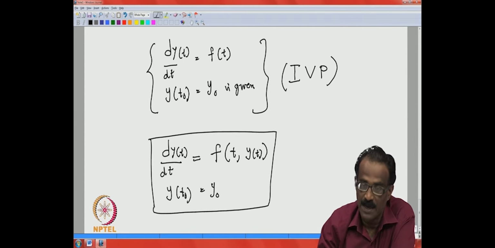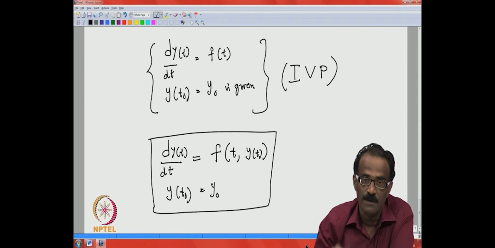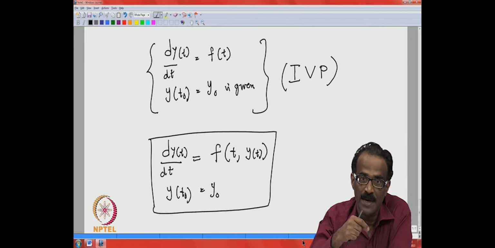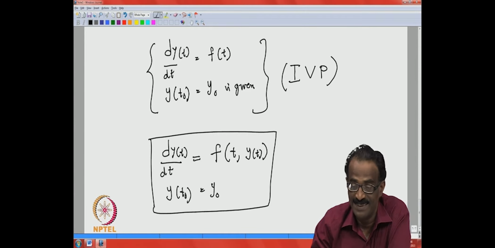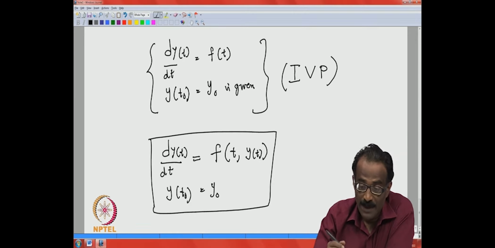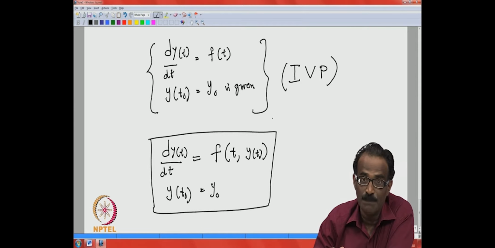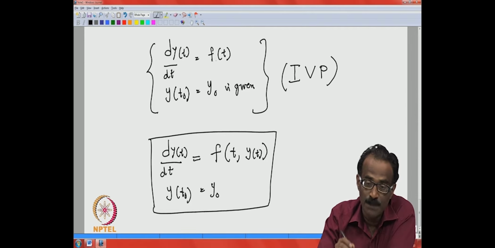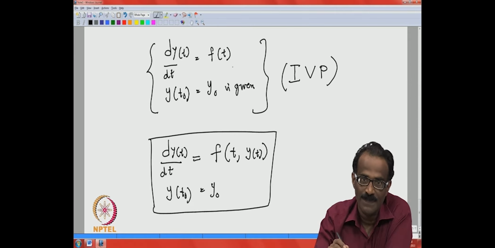Here the problem is that the velocity not only depends on the time, it also depends on the position, making it in general a highly nonlinear problem.